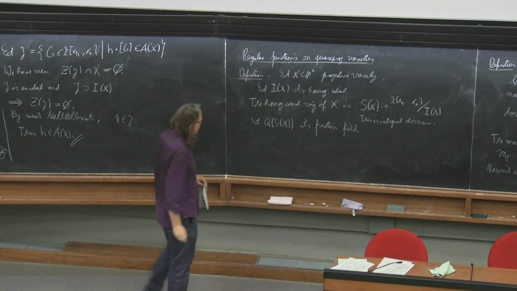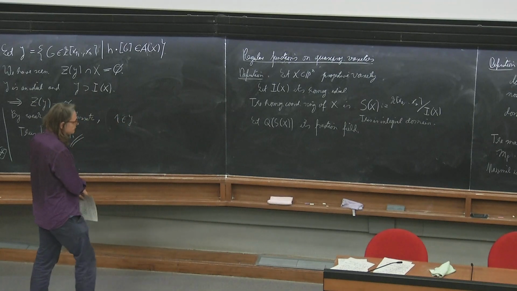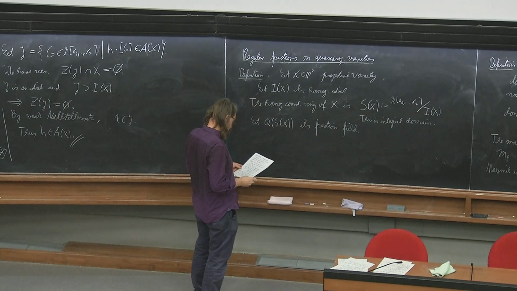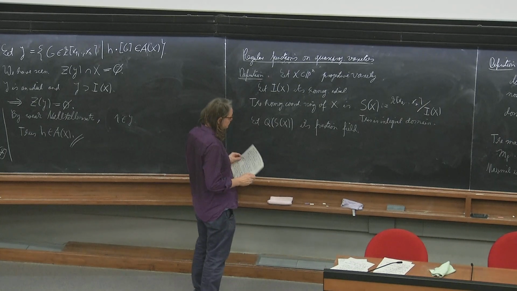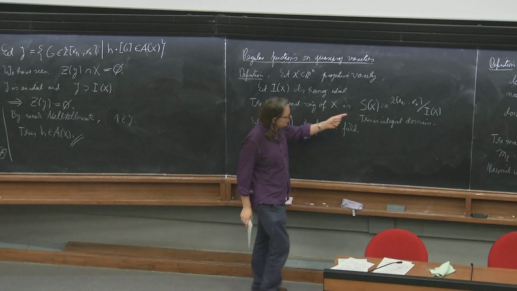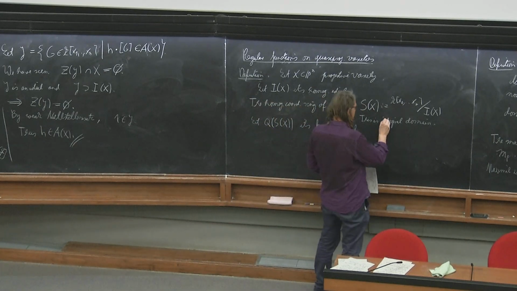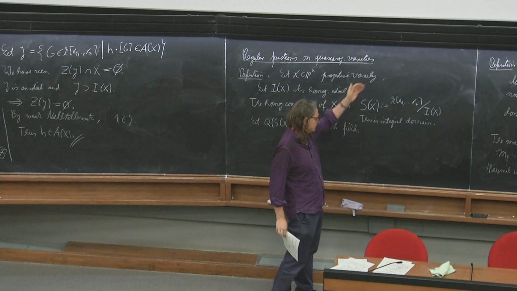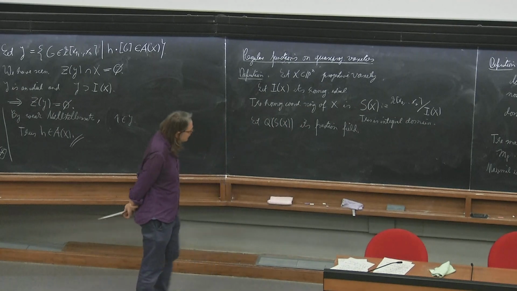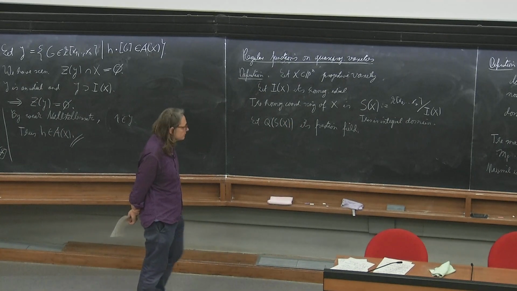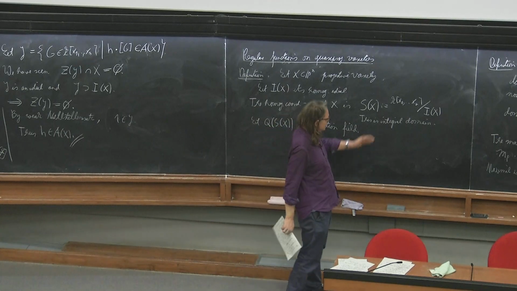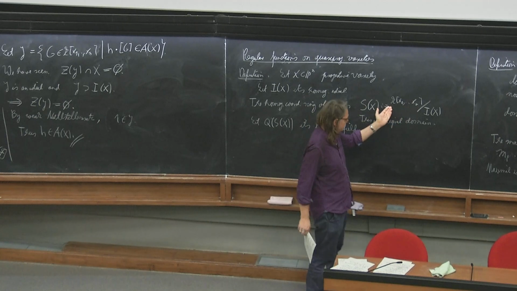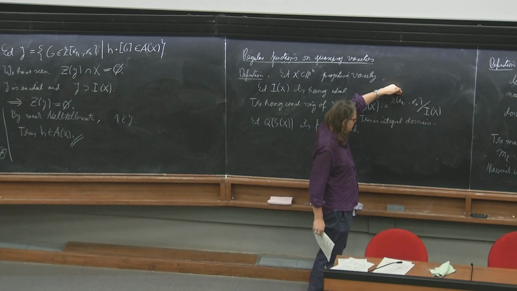However, now a rational function on X will not precisely be any element in the fraction field, but I have to be a little bit more careful. So I should maybe also have said before, if I have an element in S(X), this will not define a function from X to K, because these would be equivalence classes of polynomials.